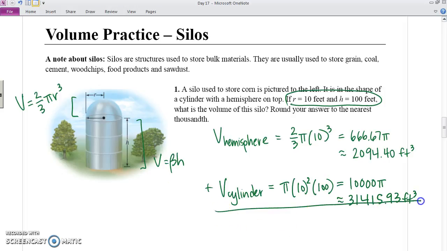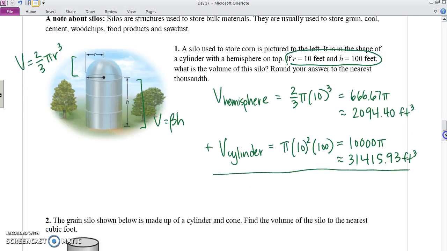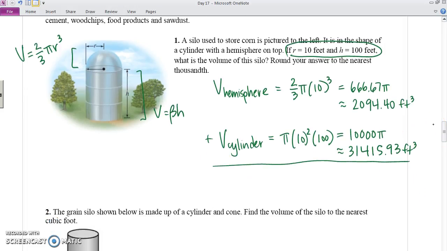And when I add those together, I will get about 33,510.32 feet cubed. Okay? So that's a nice problem because you get to combine different shapes for that formula.